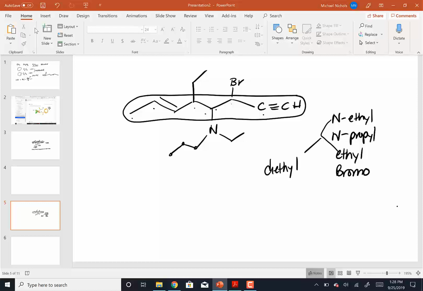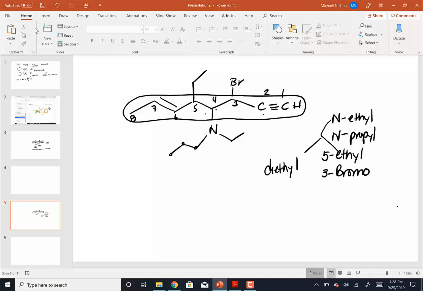But the question is, so what goes in front of the diethyl? I don't think I changed my numbering scheme, so it's still 1, 2, 3, 4, 5, 6, 7, and 8. So I have an N-ethyl and a 5-ethyl and then a 3-bromo. Okay, so the numbering scheme didn't change.